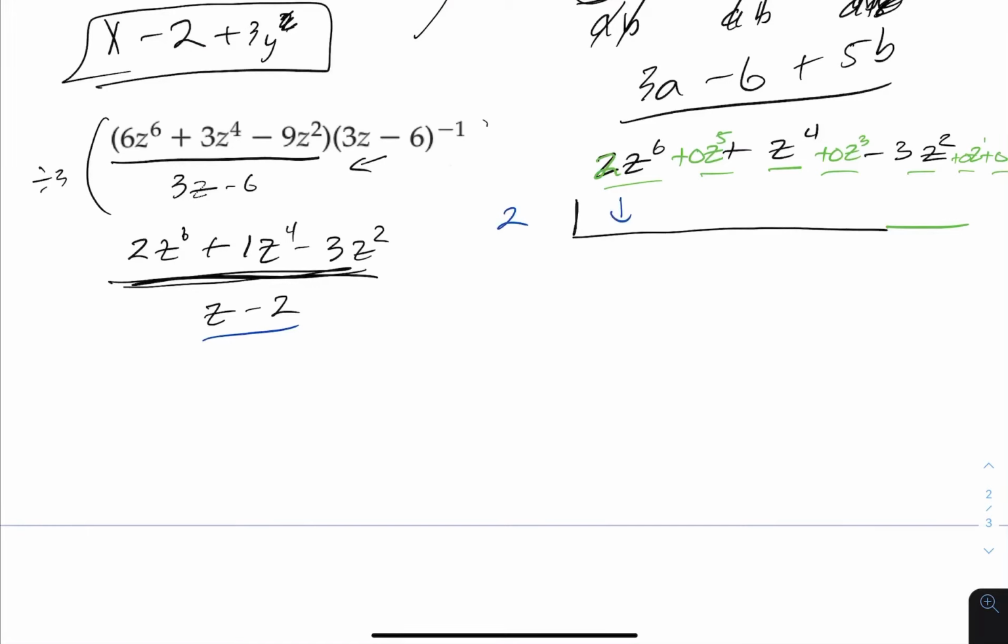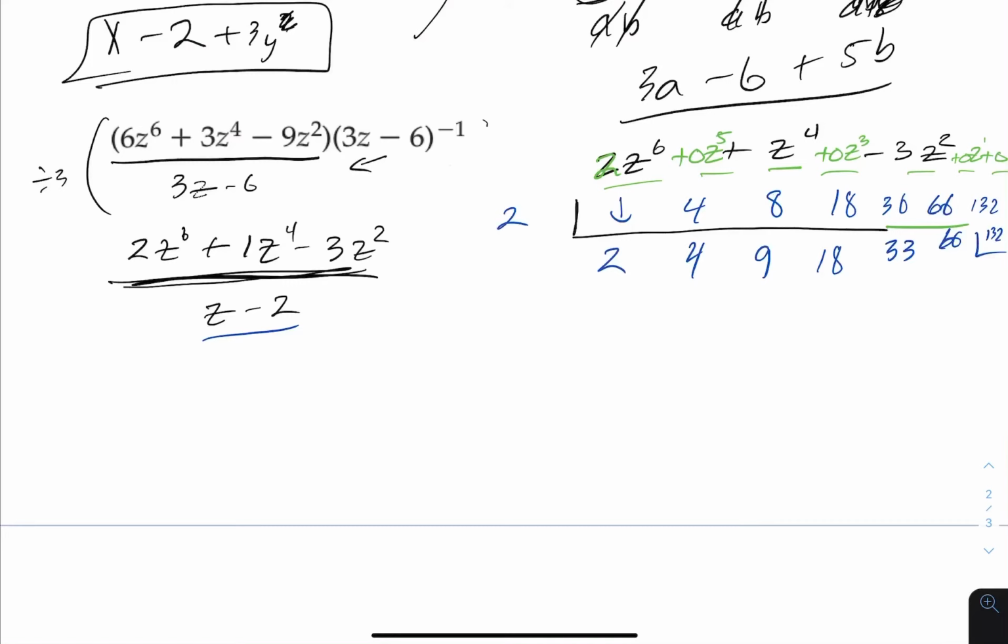So bring it down. 2, multiply across, 4, add down 4, multiply across 8, add down 9, multiply across 18, add down 18, multiply across 36, so get 33, multiply across 66, add down 66, multiply across 132, add down 132.